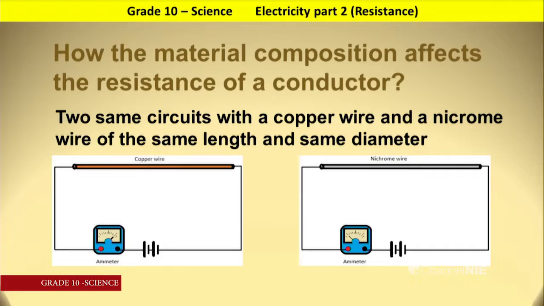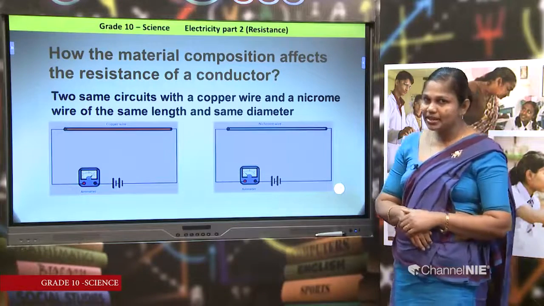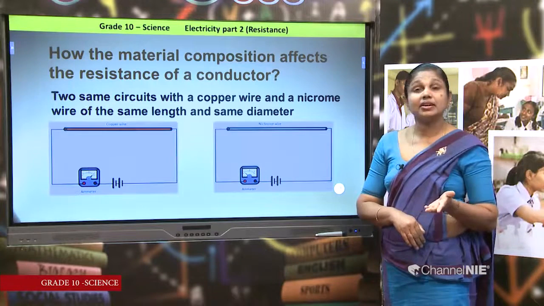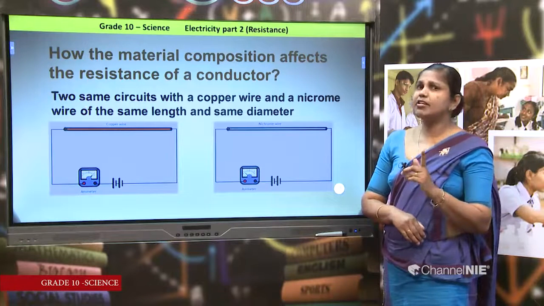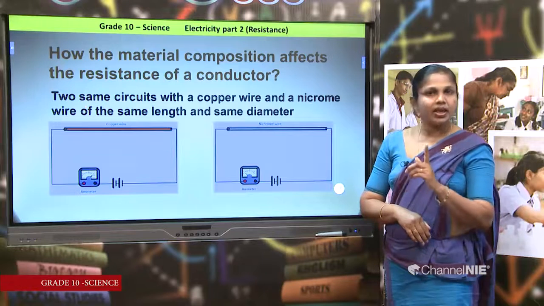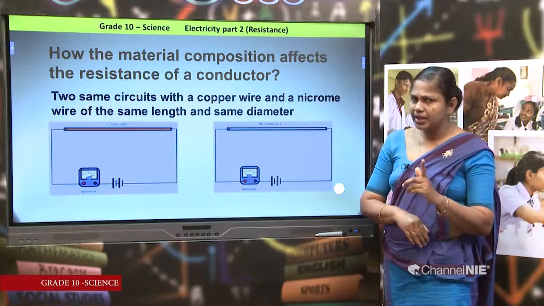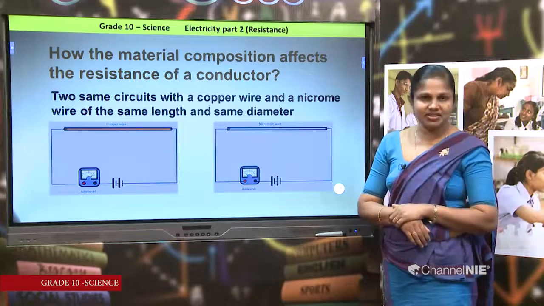That indicates that when the copper wire is connected to the circuit, resistance is low. Because of that, current flow increases. Why? Because of the material composition of copper, it has a very low resistivity.